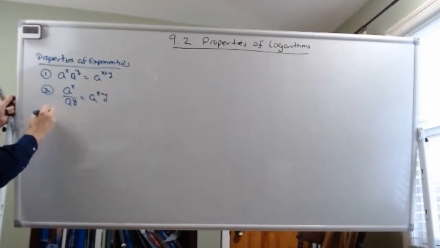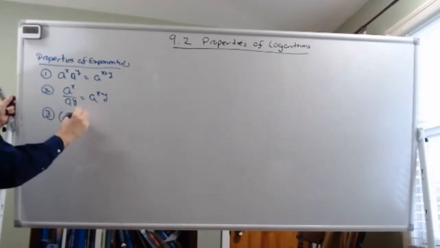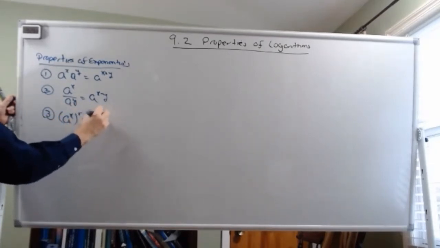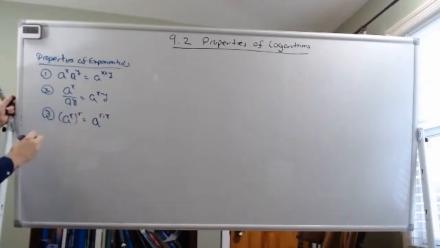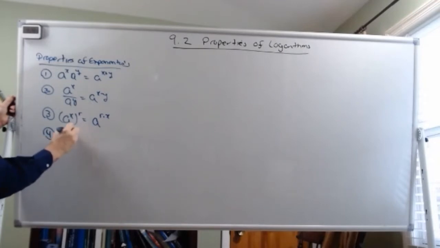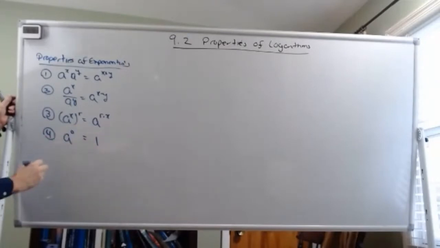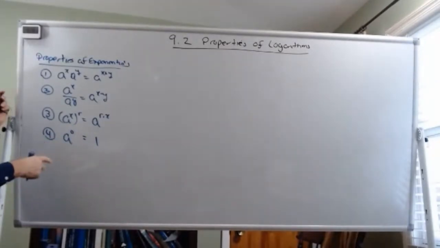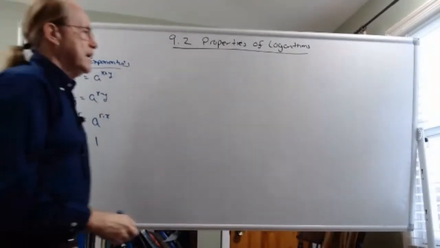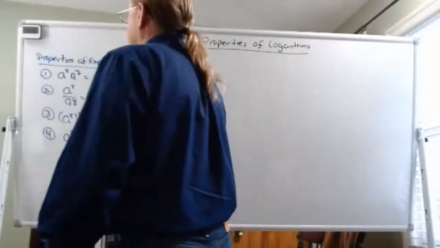Then if you raise to a power, you multiply. And in addition, if I raise anything to the 0th power, that is just equal to 1. Those are the predominant ones that we use for the exponential properties.